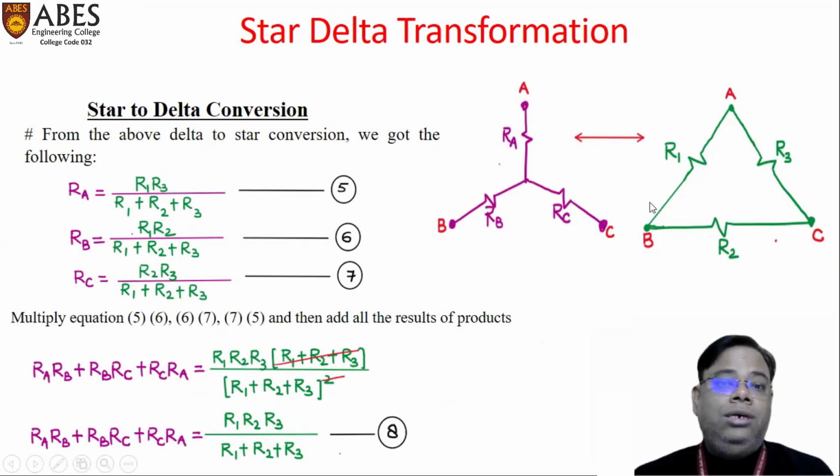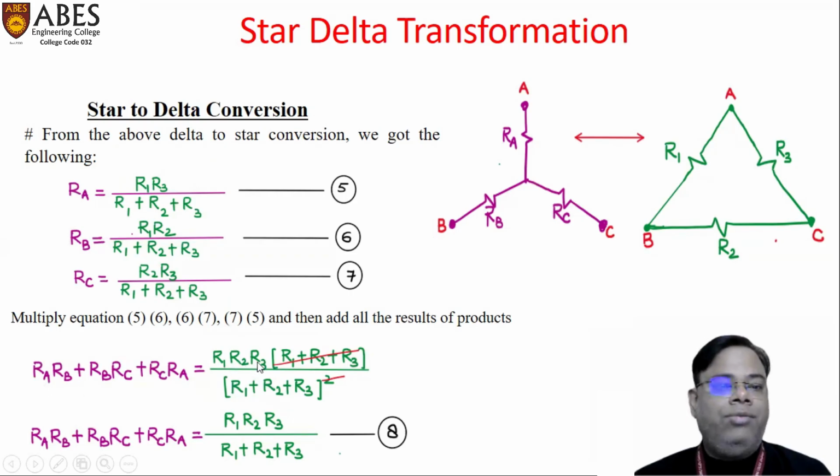For finding the final values of R1, R2, R3 in terms of RA, RB, RC, we will multiply RA into RB, after that RB into RC, after that RC into RA, and then add all the results. The left hand side would be RA RB plus RB RC plus RC RA.